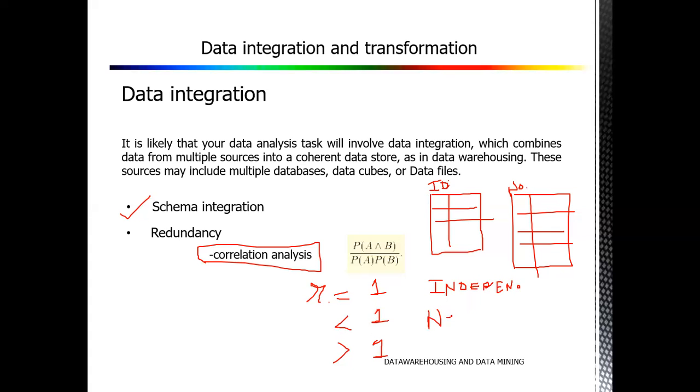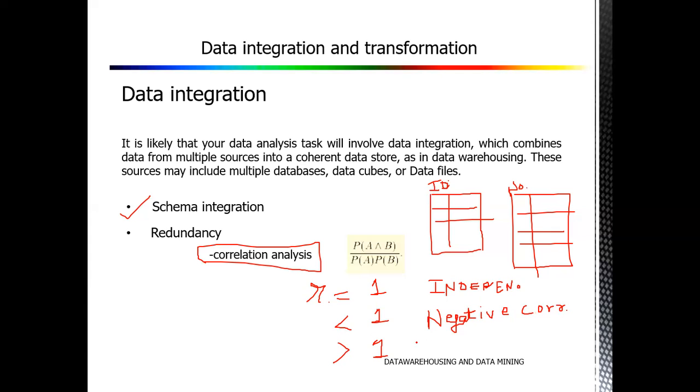That is the meaning of it. Or you can say there is negative correlation. If the result is coming as less than 1, negative correlation.